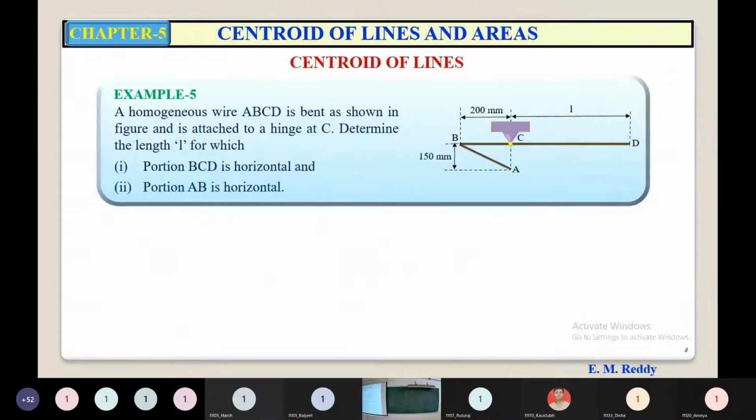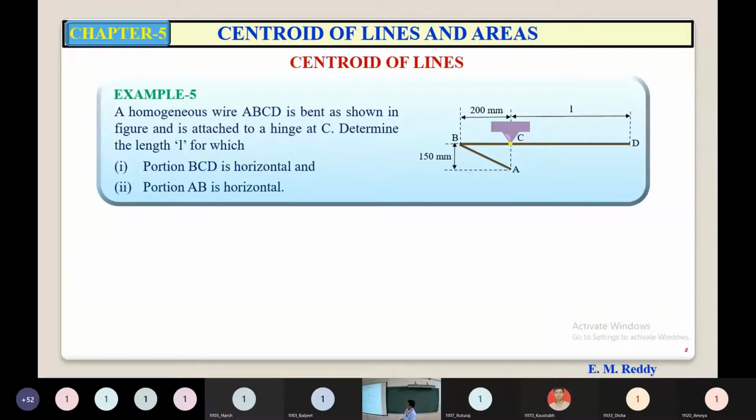This one now, example number 5. A homogeneous wire ABCD is bent as shown in figure and is suspended from point C. Determine the length L for which there are two parts.